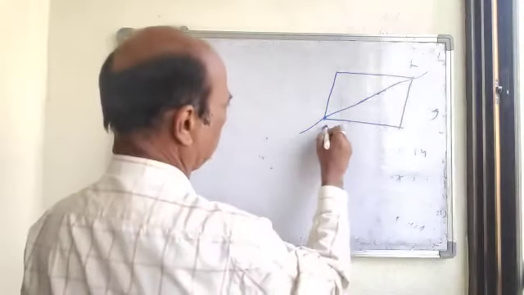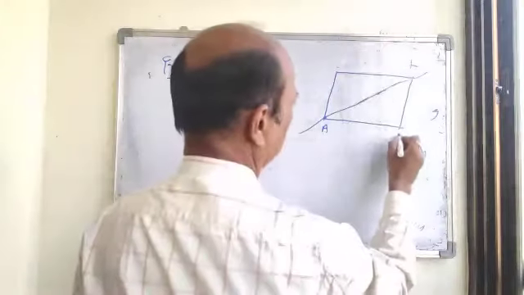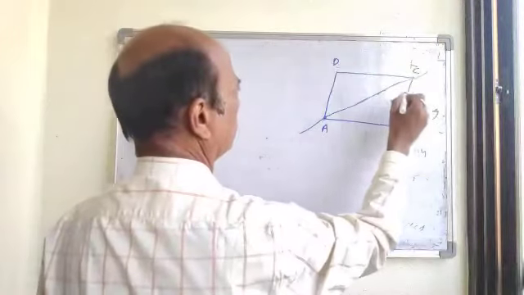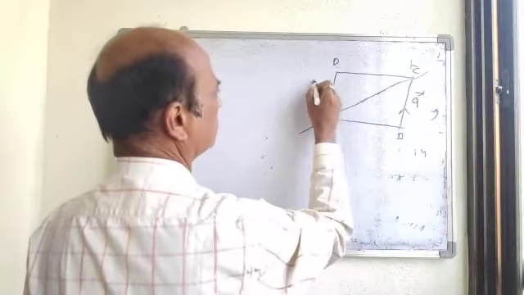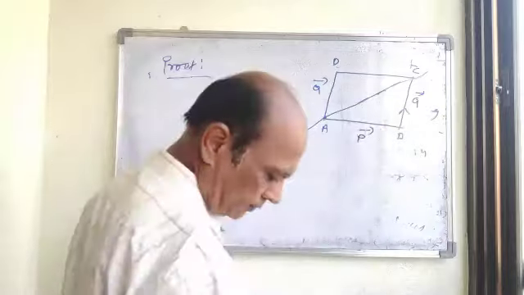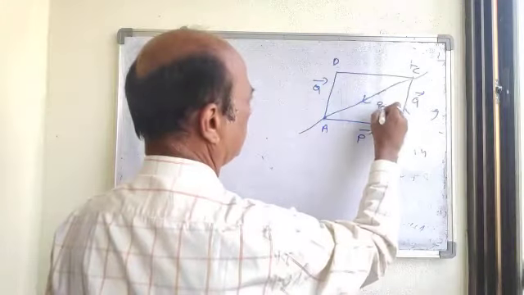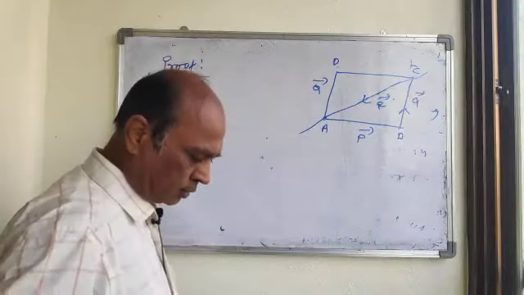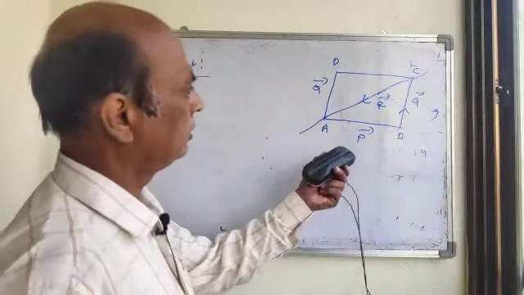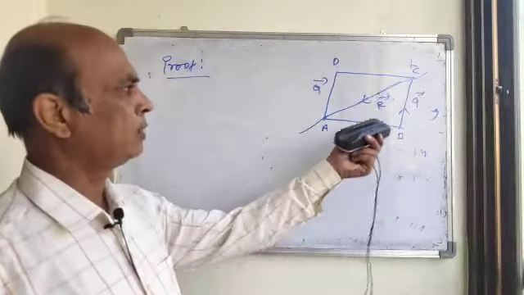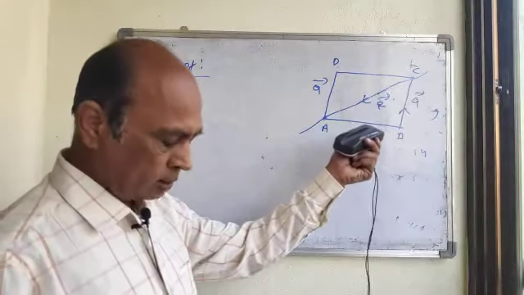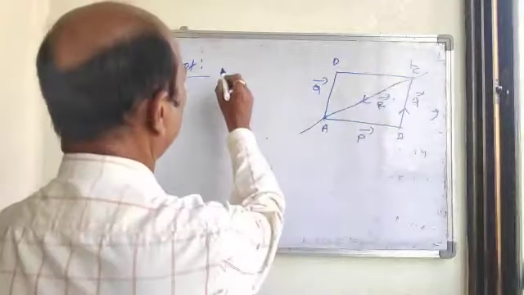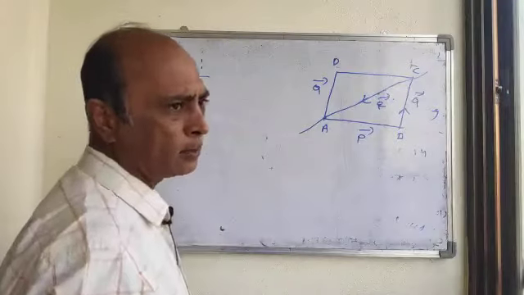So this is point A, point B, this is point C, this is point D, this is Q bar, this is P bar, and this is R bar. Here you can see in the figure, let P bar, Q bar and R bar be the forces acting on a particle A, and suppose they are in equilibrium.